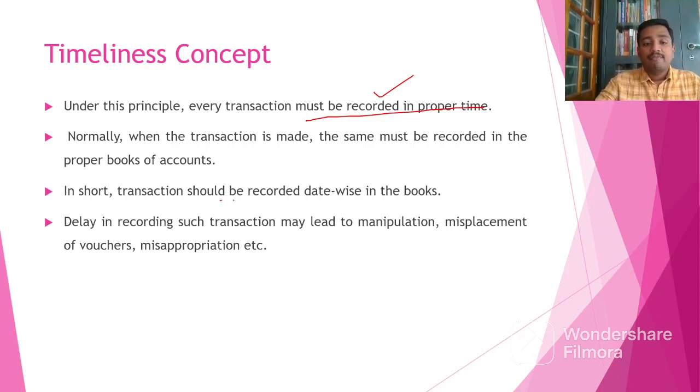That is why we are recording the transactions into the books of account in a chronological or date-wise order. If we are recording in a timely manner, we can avoid manipulations, misplacements, misappropriations, etc. Those problems can be avoided at the time of timely recording of the transactions into the books of accounts.